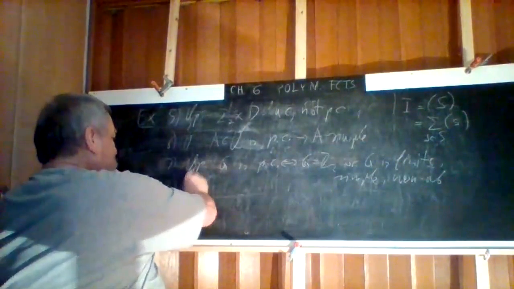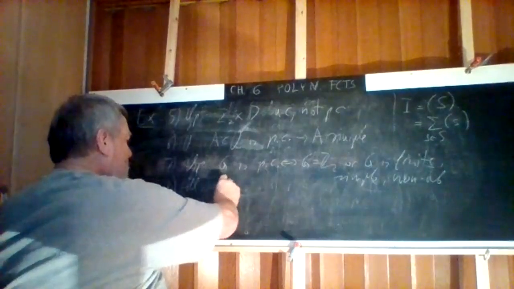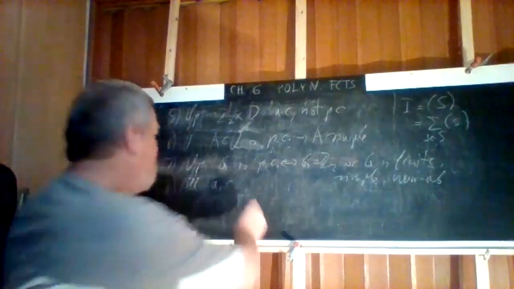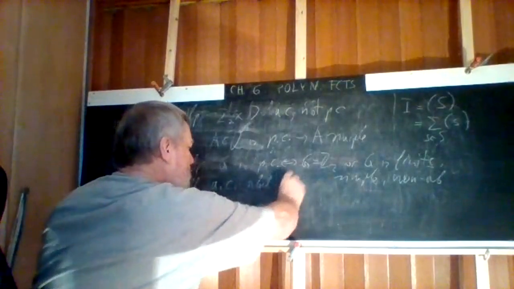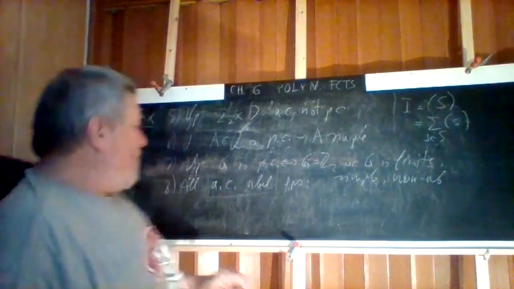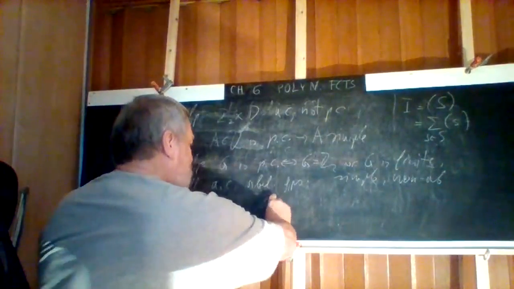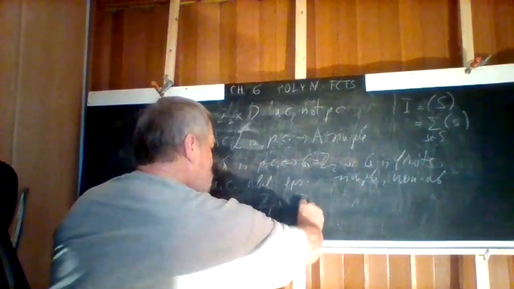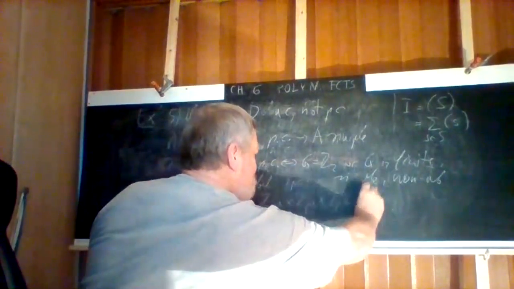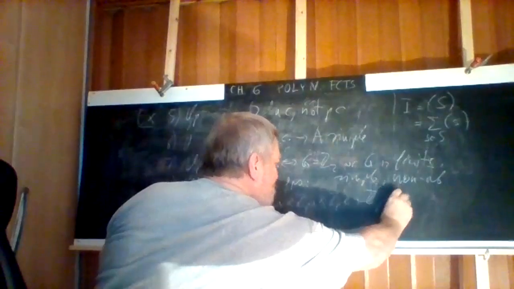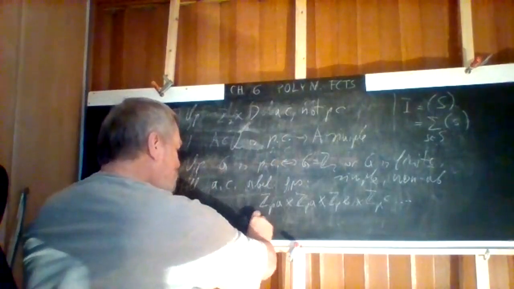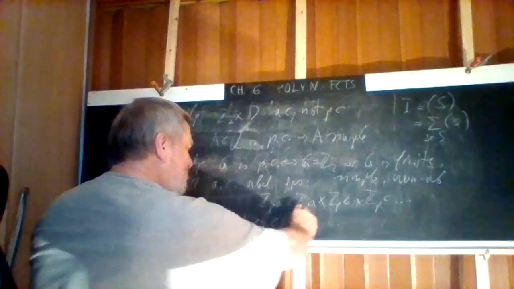And 8, all affine complete abelian groups are those of the form Z_{p^a} × Z_{p^a} × Z_{p^b} × Z_{p^c}, and so on, where a > b ≥ c, and so on.